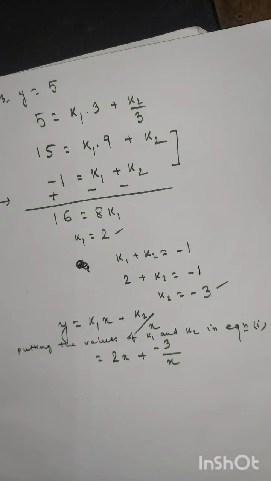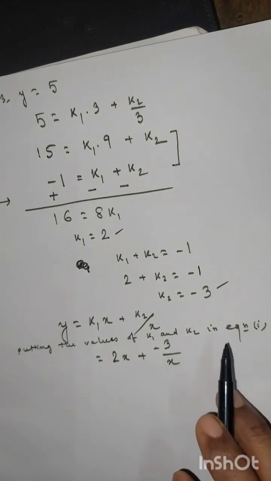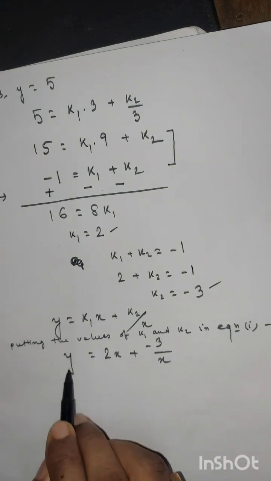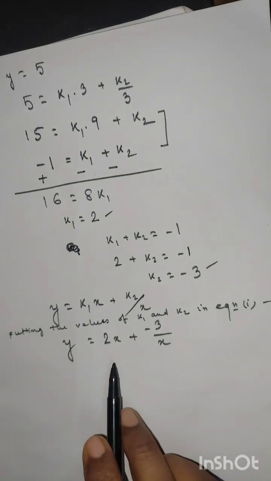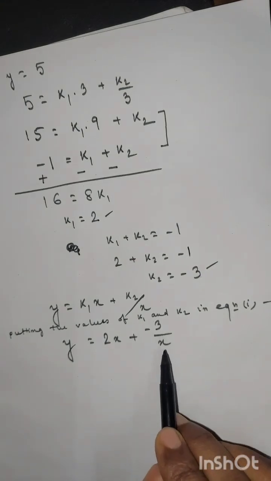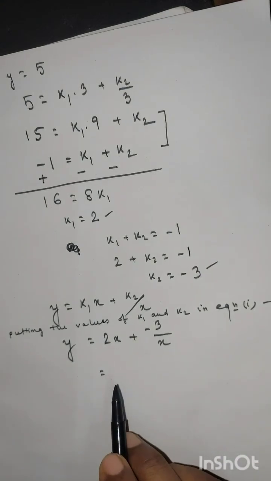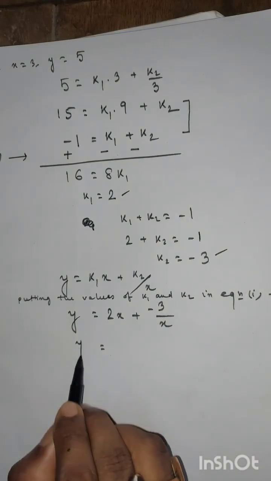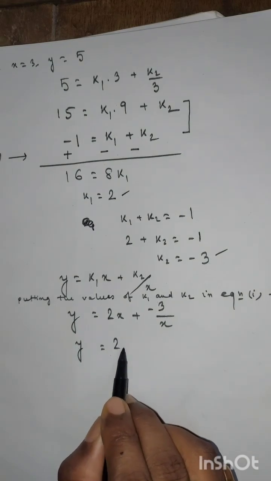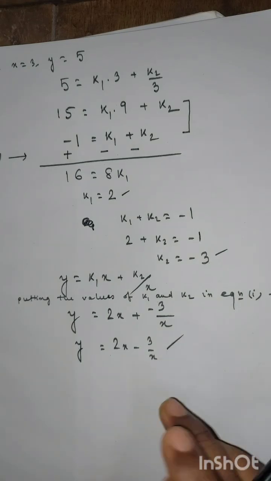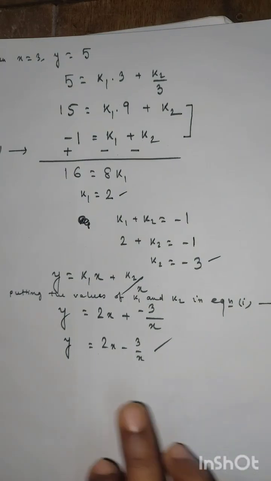Putting the values of k1 and k2 in equation 1, we get y equal to 2x plus minus 3 by x. Now if we simplify it, we can write y equal to 2x minus 3 by x. So this is our required relation. So this should be our answer.